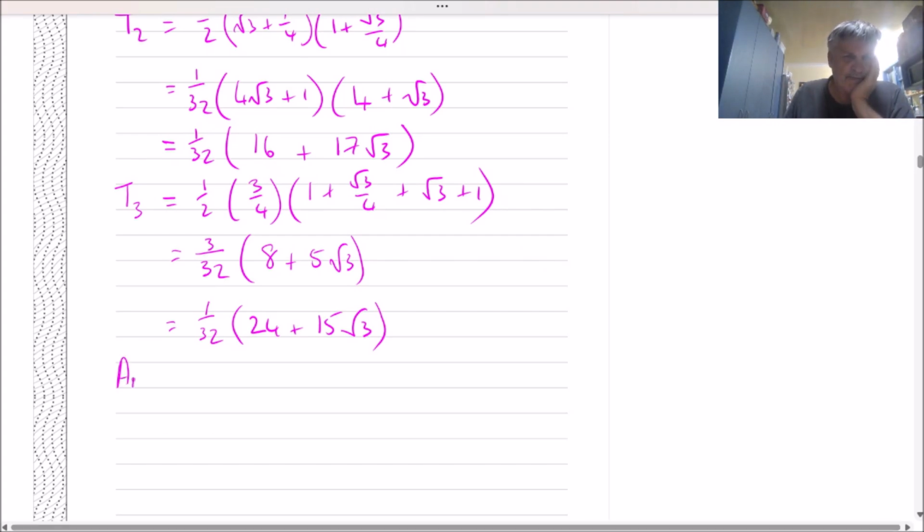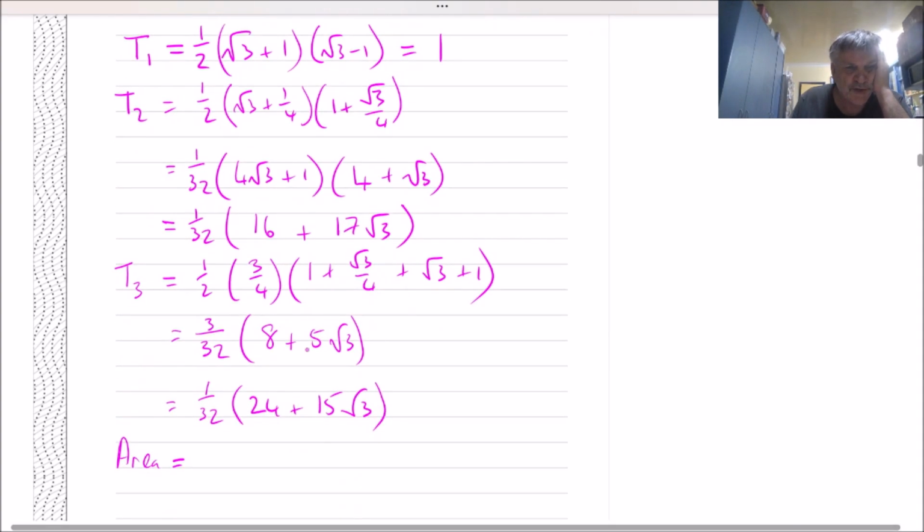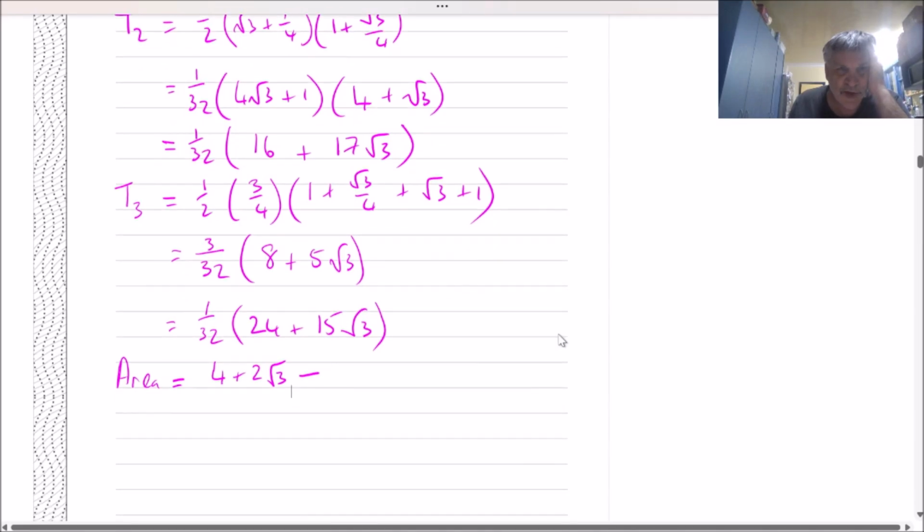So the total area is going to be the area of our square, 4 plus 2 root 3, and minus each of these things here.